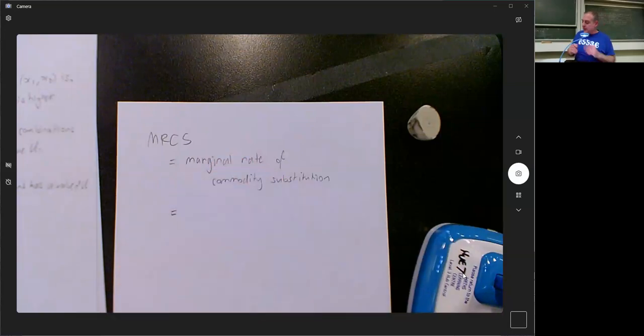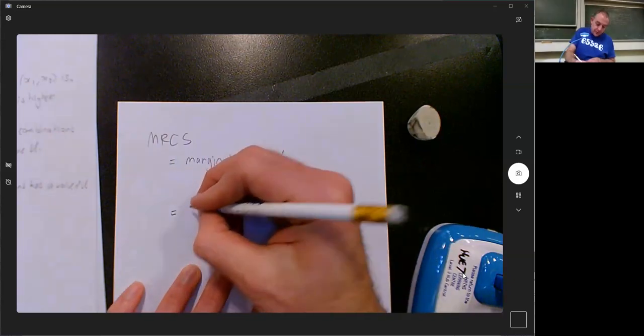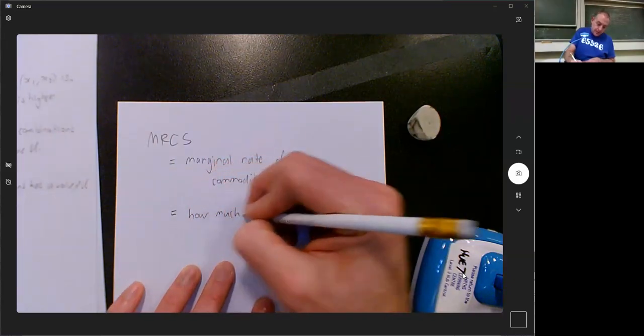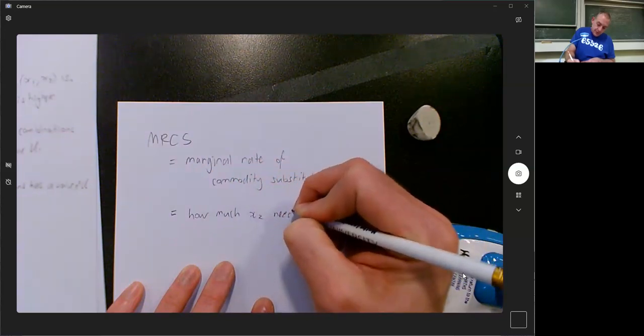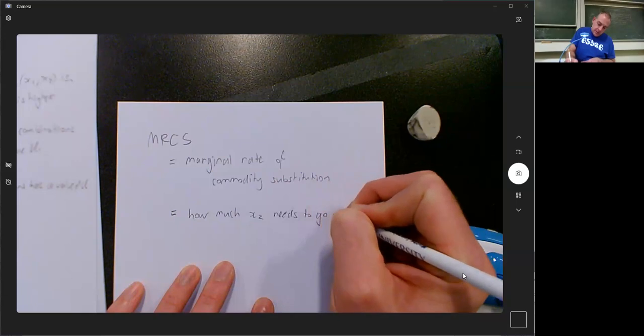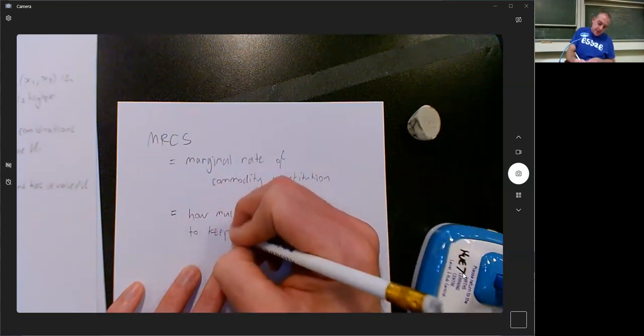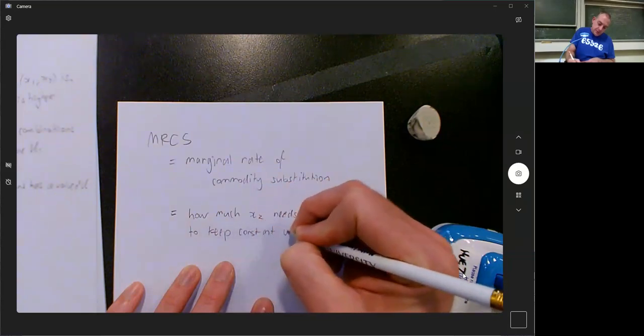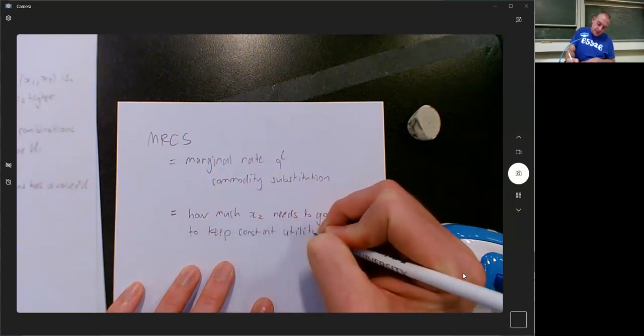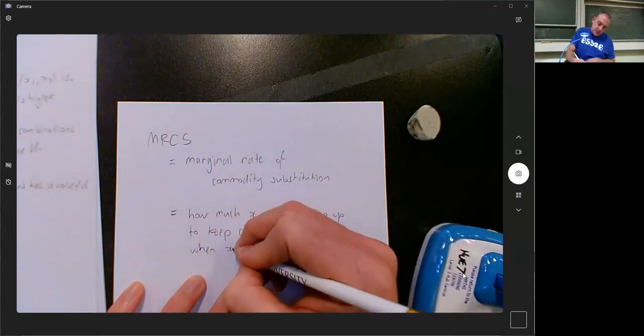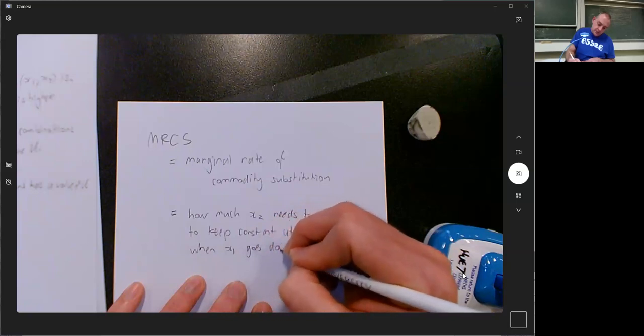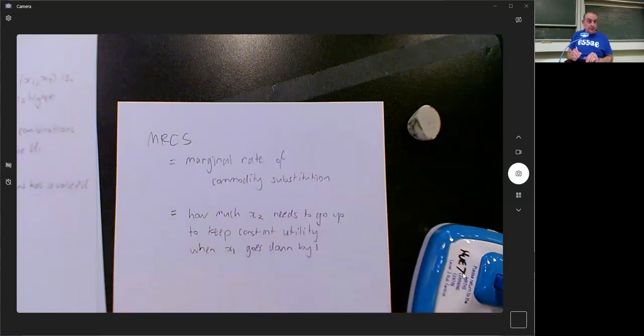And what your lecturer said was that this was how much x2 has to go up by to maintain constant utility when x1 goes down by 1 on average.